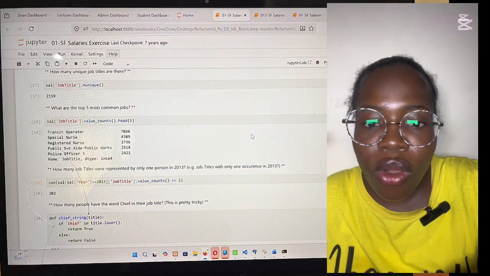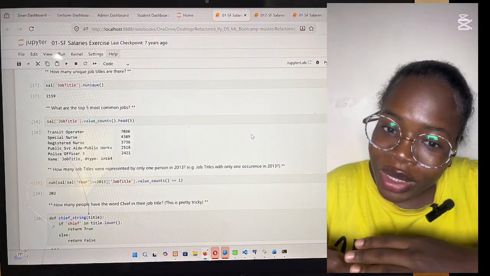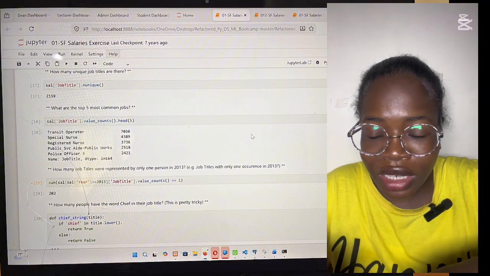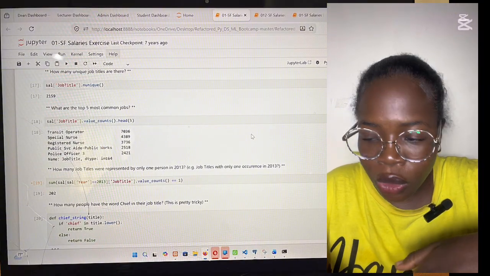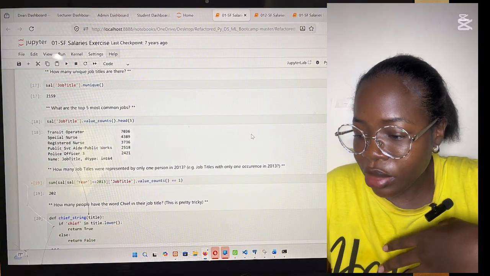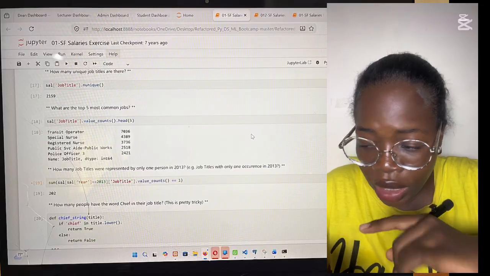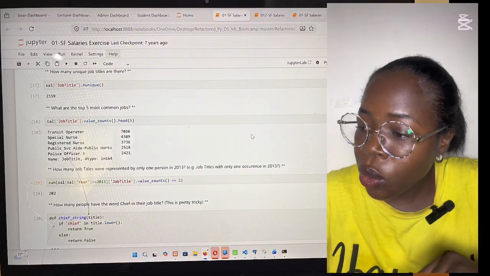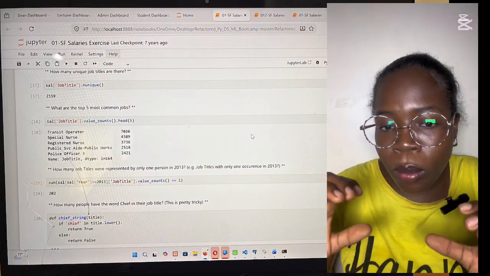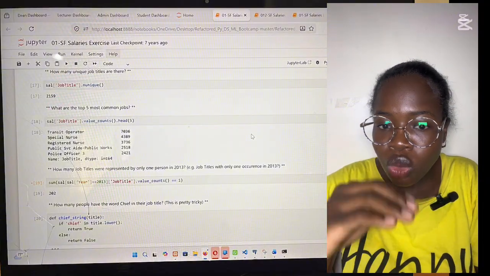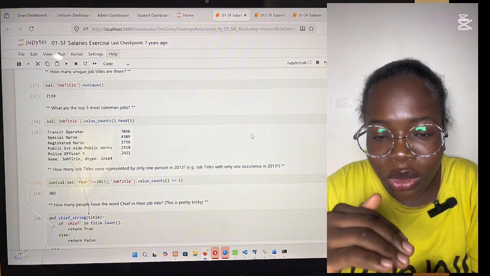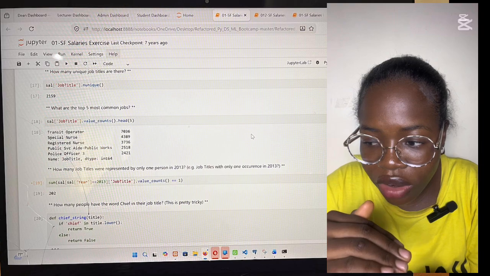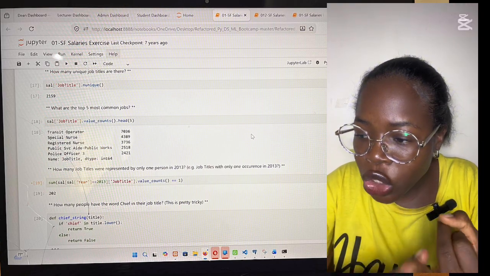It now counts all rows that have met the condition, that means that in 2013 and in the job title column. Then it says equal to 1. That means that it checks which job title exists only once, and then the sum that we have at the beginning is there to count the total number of conditions that have met that particular criteria. That means 2013 row, job title column.